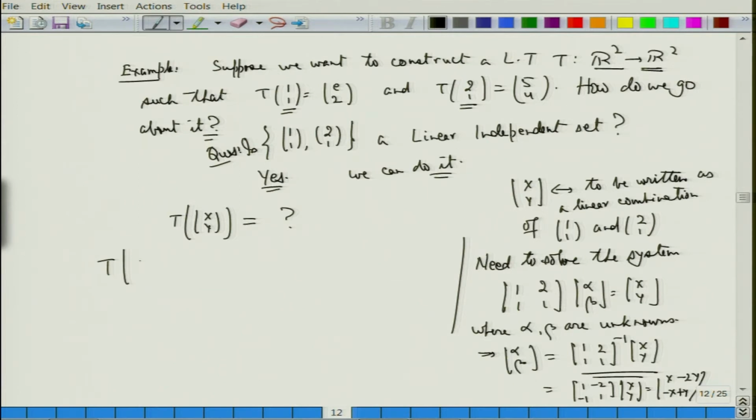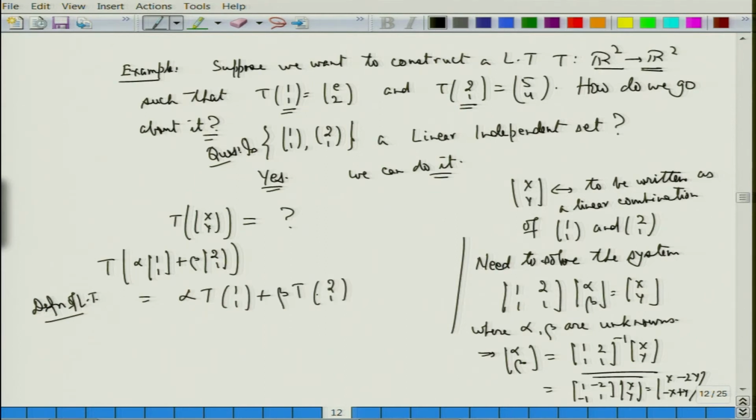So, alpha times (1,1) plus beta times (2,1). By definition of linear transformation, this is alpha times T of (1,1) plus beta times T of (2,1).